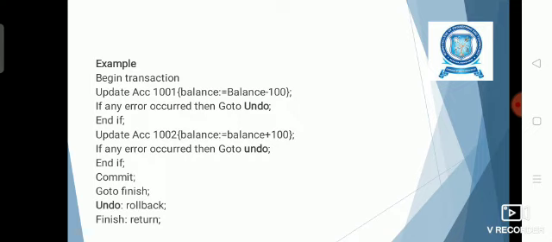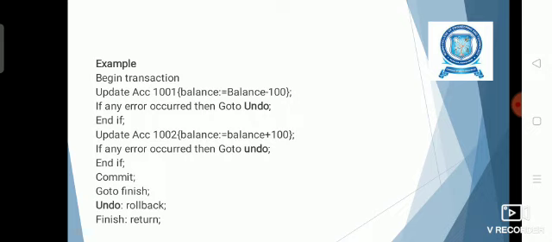The transaction then performs another operation. It accesses the account with account number 1002 and updates the balance by adding 100 rupees to the previous balance. Here also error checking is available.